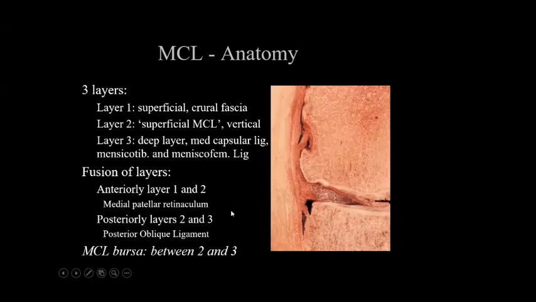So this is why you have the medial patellar retinaculum attached to the medial collateral ligament, and also the posterior oblique ligament attached to the MCL. There is also an MCL bursa, so if you see fluid within the MCL, it may not necessarily be an MCL tear, it could be just bursal fluid in the MCL.